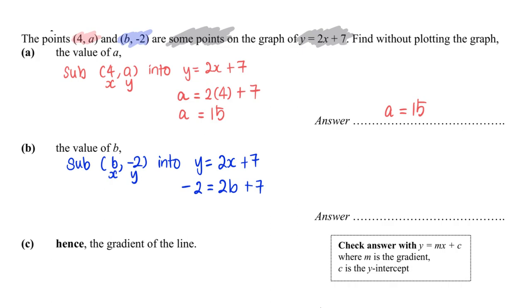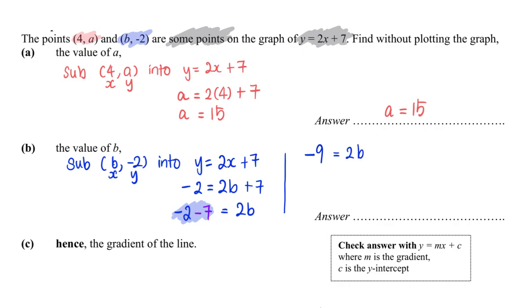So I'm going to minus 7 on both sides, so that on the right hand side of this equation, no more 7, it will be equal to 0. And then -2 minus 7 will give me -9.